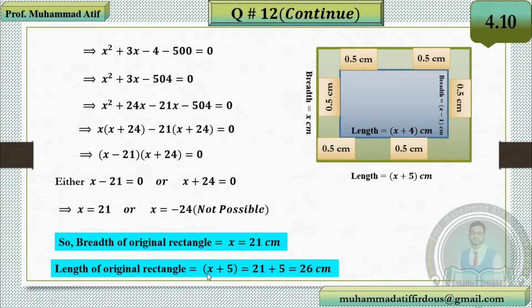So just add 21 and 5, and we have our length of the original rectangle. So these are the original dimensions of the original rectangle. The breadth is equal to 21 centimeters and the length must be equal to 26 centimeters according to your question statement. Any problem? Okay, good.